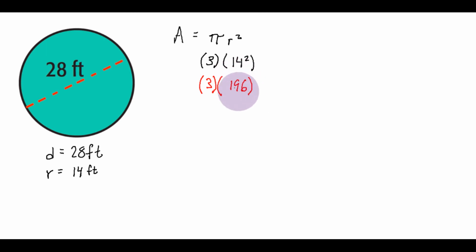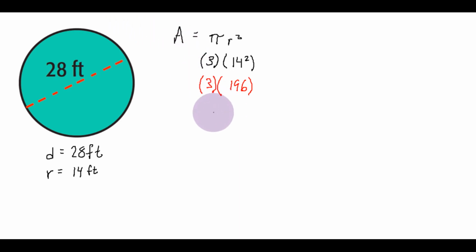If you don't know that it's 196, all you have to do off to the side is take 14 and multiply it by itself 2 times. So 14 times 14. I'm going to erase all this stuff below, just that 14 times 14, because it's not really necessary to be there. Cool. So we're going to take 3 and multiply it by 196.